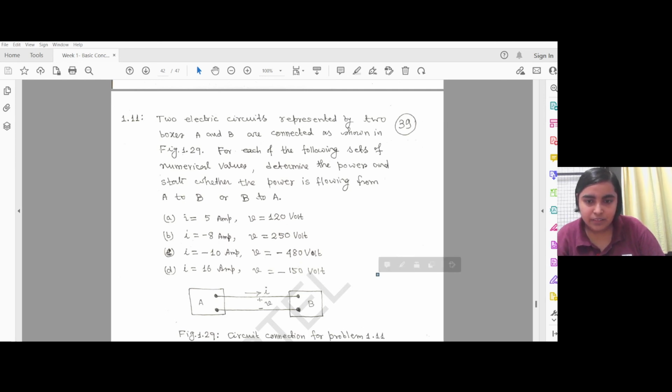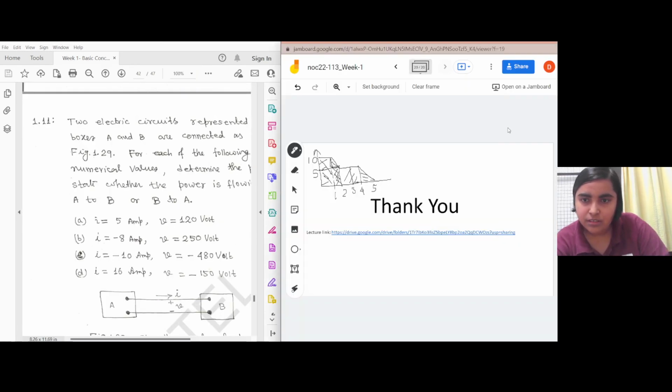So I'll just draw it here. Now current is minus 10 ampere. That means it is flowing like this, and voltage is minus 480 volt. So it will be plus and minus. So current is again entering through the positive terminal in B. That means B is absorbing power, A is releasing it. So it is A to B.